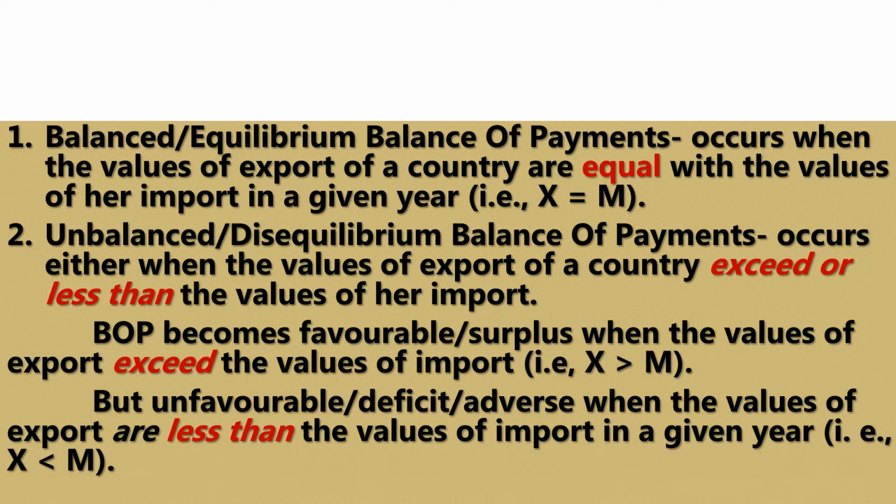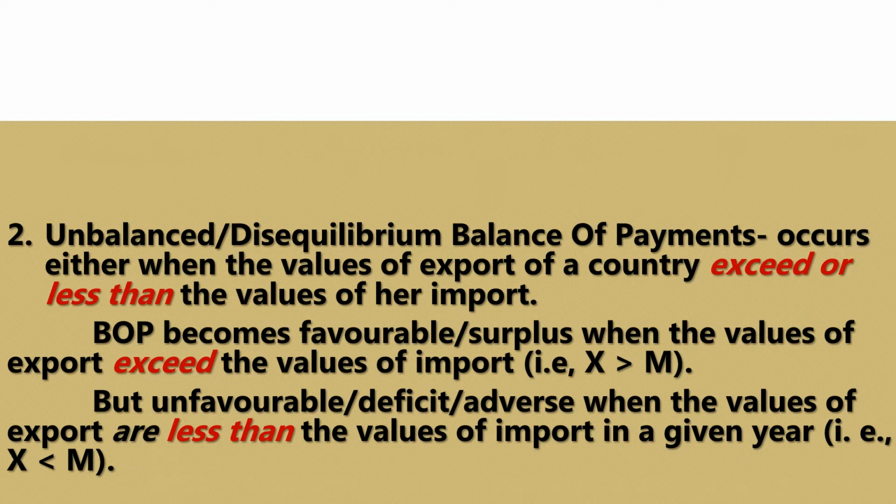Take for example, in 2020, let's say the total value of export of Nigeria was 200 million naira, while the total value of our import was 200 million naira. In such a case, there is no surplus, there is no deficit, no gain, no shortage. That is what we call balanced or equilibrium balance of payment.